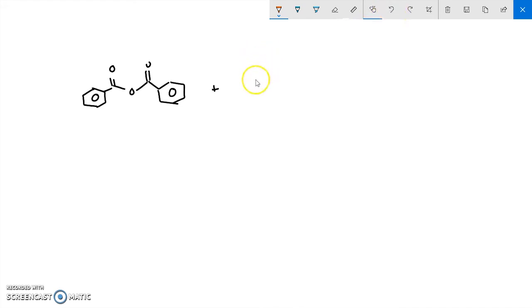We're going to react it with ammonia. The formula for ammonia is NH3. We can also rewrite it as H and NH2, since we're going to take the hydrogen as A prime. Before we begin the reaction, we need to identify which is the carboxylic acid part and which part of the hydrogen is to be substituted.